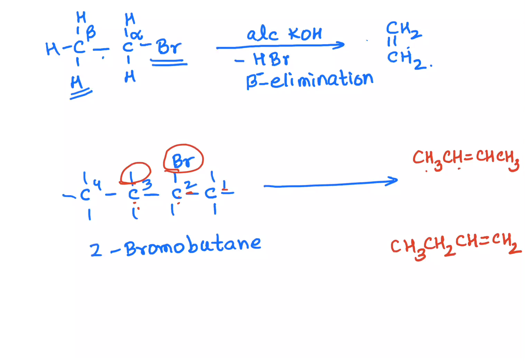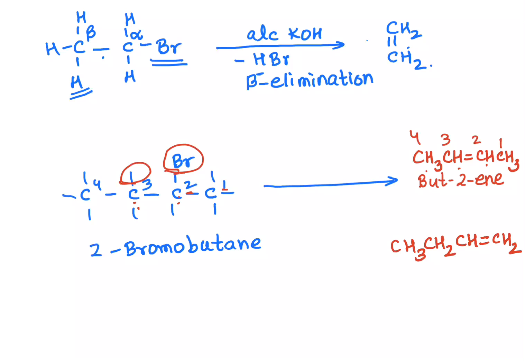So CH3CH double bond CHCH3. Can you name this compound? 1, 2, 3 and 4, prop 2 ene. Is it prop? No, it is but, because there are 4 carbon atoms, right? So we have but-2-ene as our product.